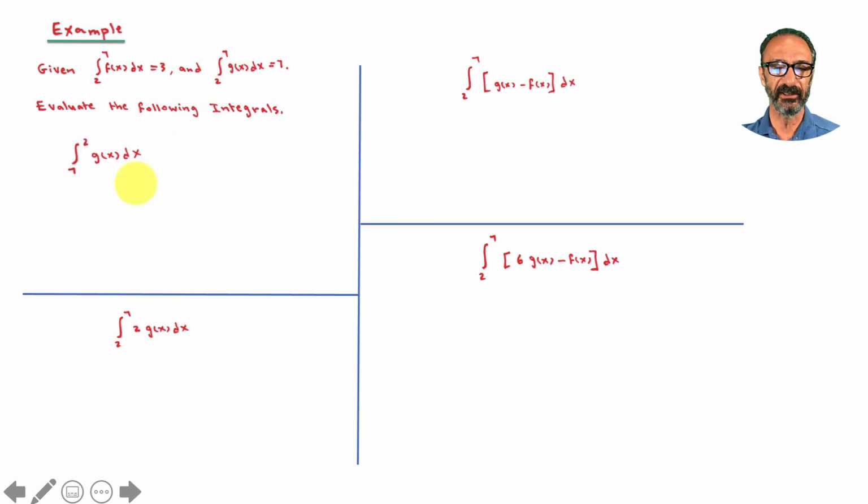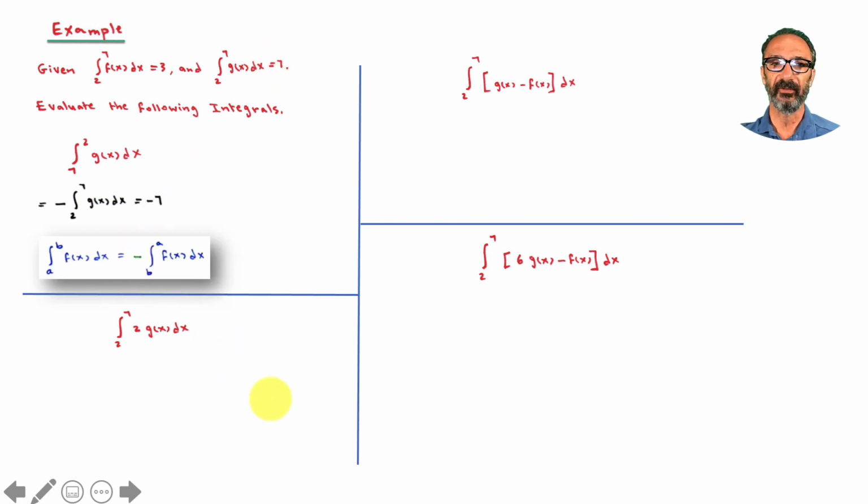I think you get the idea. So they're switching a and b, right? Minus 2 to 7. If you want to flip this, you have to put a minus, and that's not 7 anymore, negative 7. This is the property that I'm using. From a to b, f of x will be minus from b to a, f of x. That's the property. Okay, let's take care of another one.